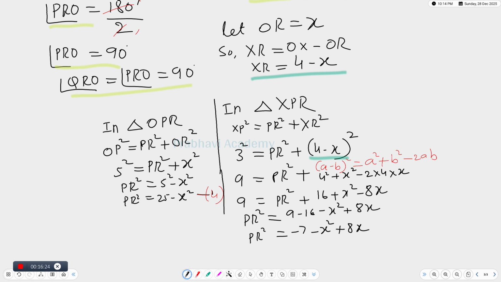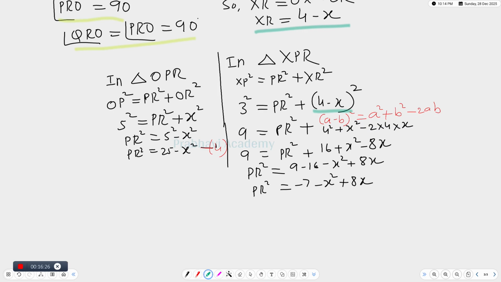So here you can see PR square, PR square. The first PR square, that is 25 minus X square, is equal to this PR square, that is minus 7 minus X square plus 8X. So here minus X square gets cancelled, 25 remained, minus 7 plus 8X.